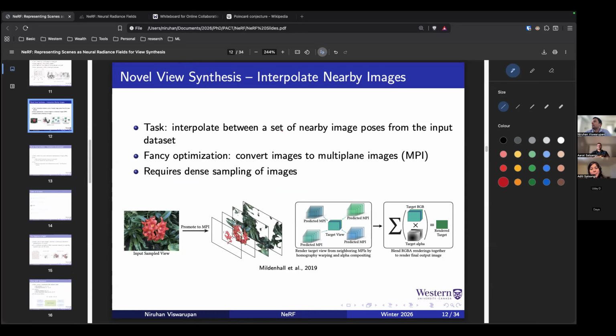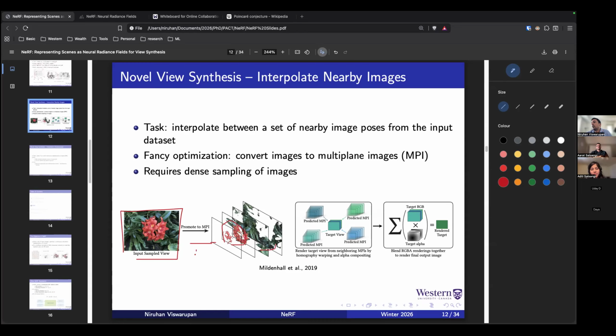So for interpolation of nearby images, they take an input image and convert it into a multi-plane image. They partition the image into multiple planes based on depth. So this flower is in the foreground and this is in the background.